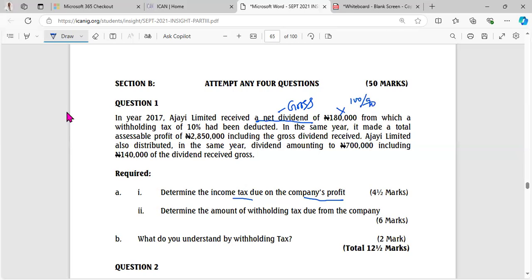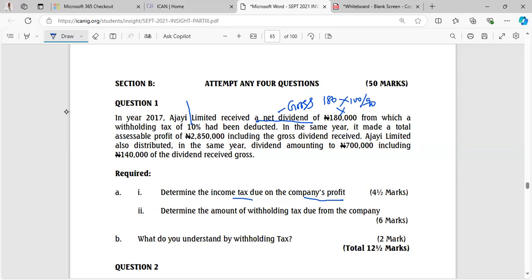Now, let's see. In the year 2017, Ajayi Limited received a net dividend of 180,000, from which a withholding tax of 10% had been deducted. This 10% is not 10% of 180. It's 10% on the gross that has been deducted. How do we know how much was deducted? You do 180 times 100 over 90.